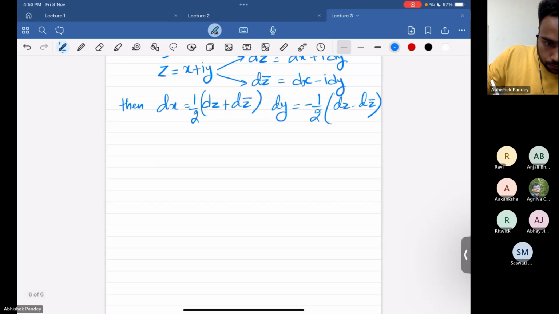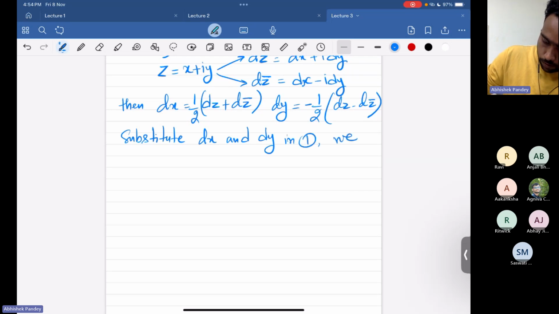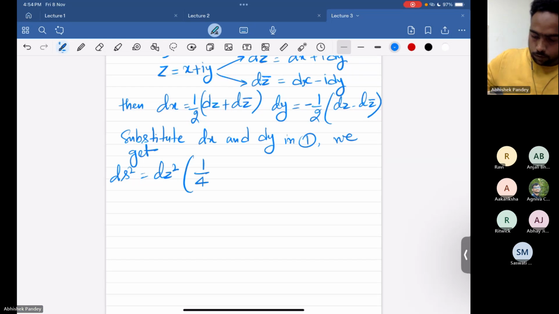And now substitute dx and dy in 1, we get ds square is equal to dz square. These are just calculations, I will write only the conclusions.